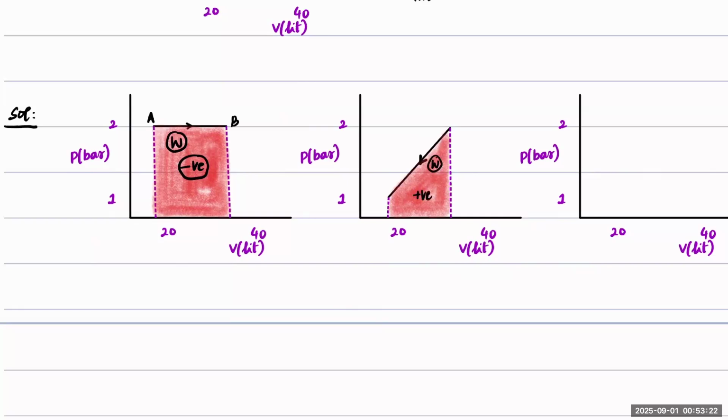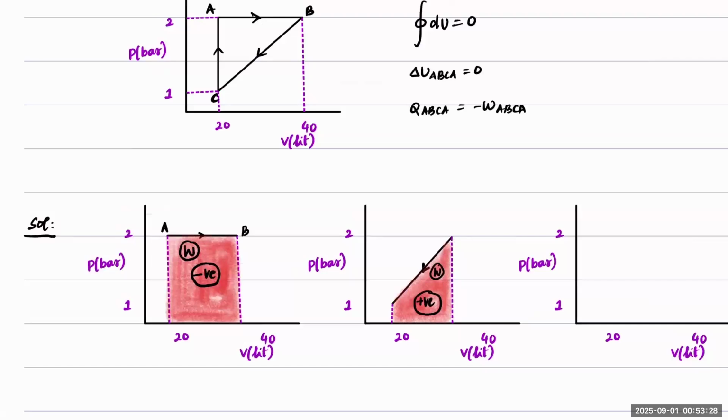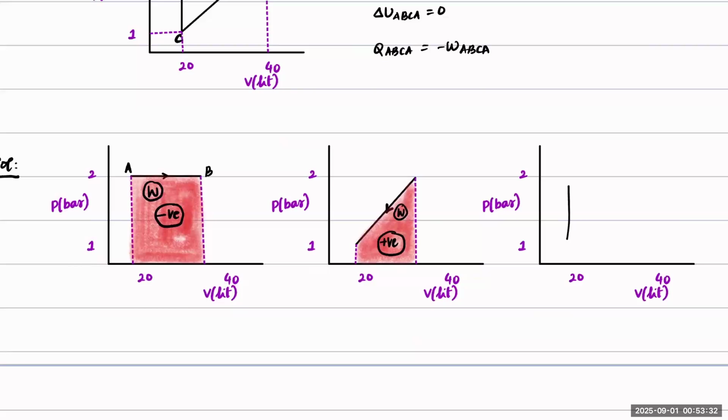This is positive work done because it is compression. Compression is always positive work done. Correct? And C to A, if I write it from C to A here, like this, obviously work done in this case is 0 because there is no area under this curve, as it is at constant volume. So this is C to A and this is B to C.